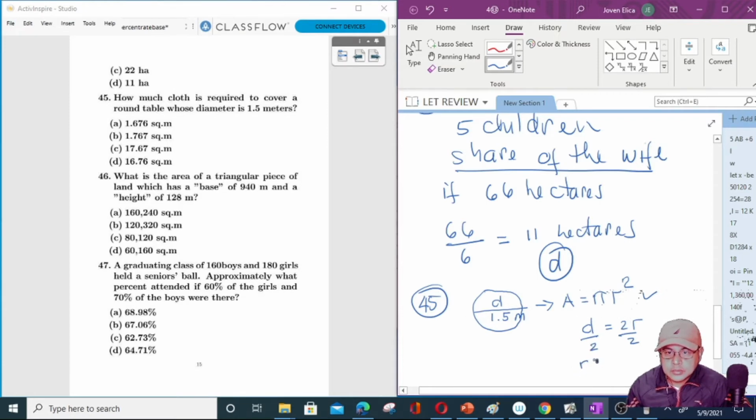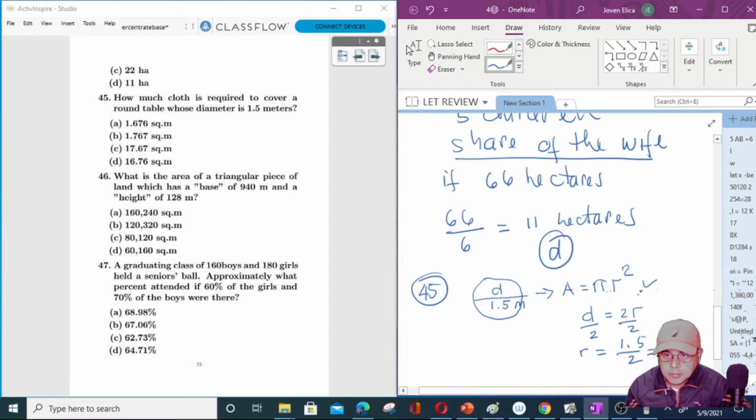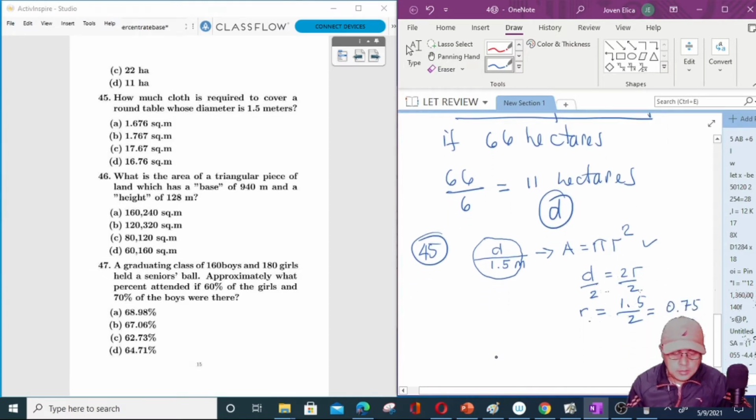So r is equal to 1.5 over 2, which is 0.75. So 1.5 divided by 2, right?